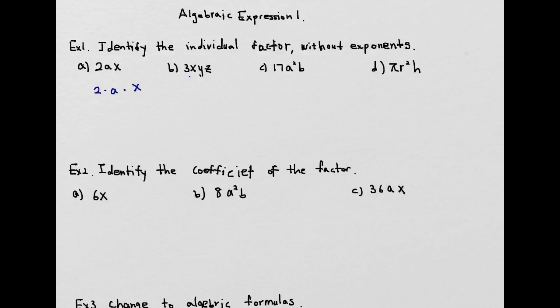So you have 3 factors. That means example B, you have 3, X, Y, Z. So you have 4 factors.